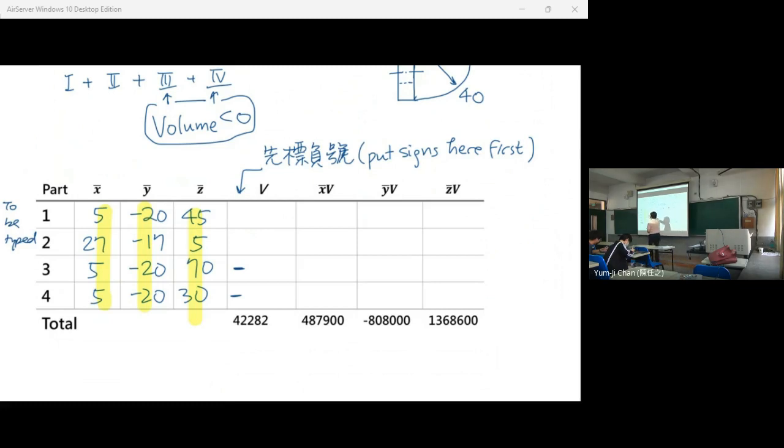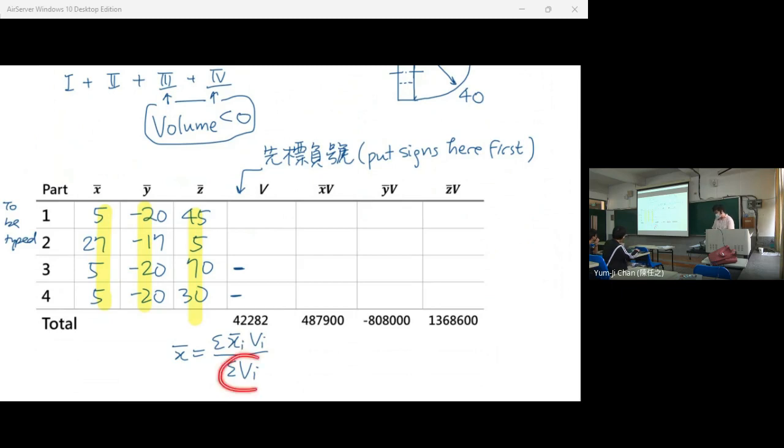So the centroid of these four parts can be determined from the figure. From the equation, we know that x bar is equal to summation xi vi divided by summation vi.